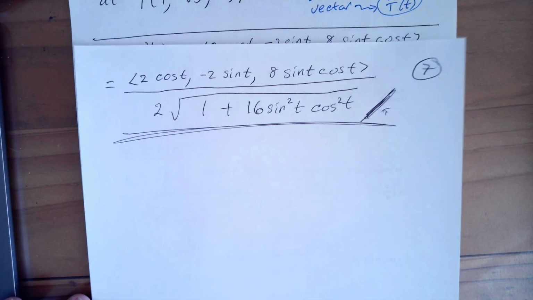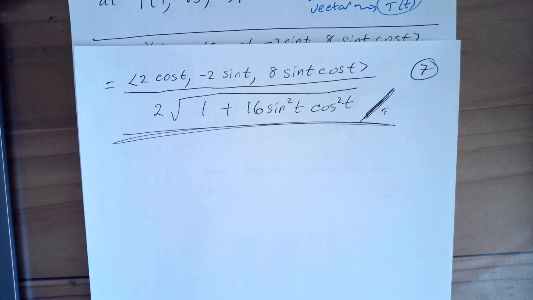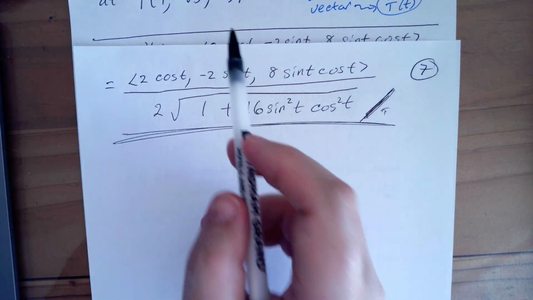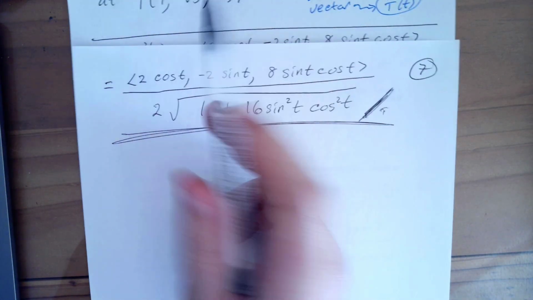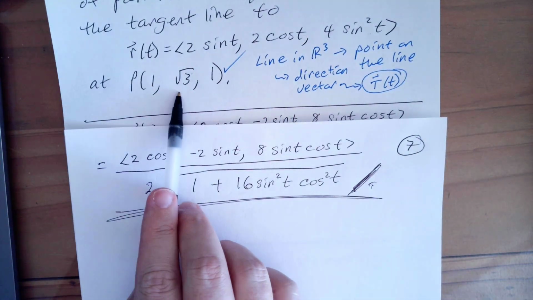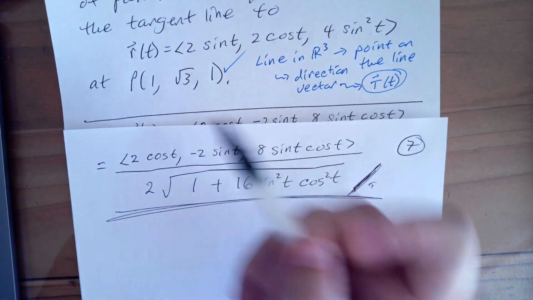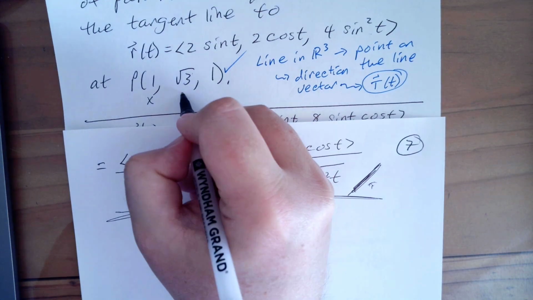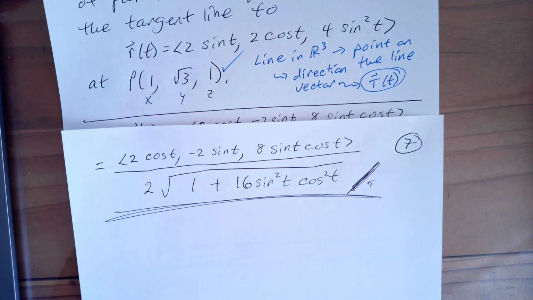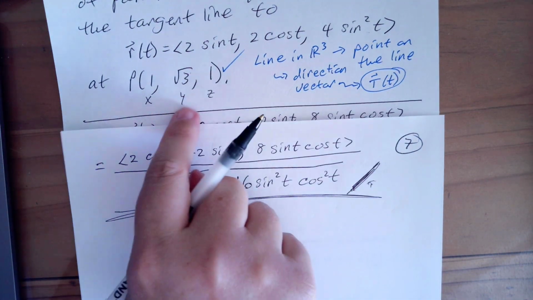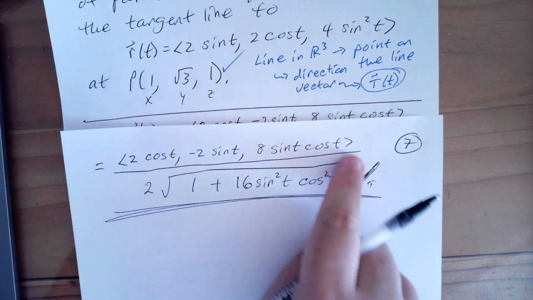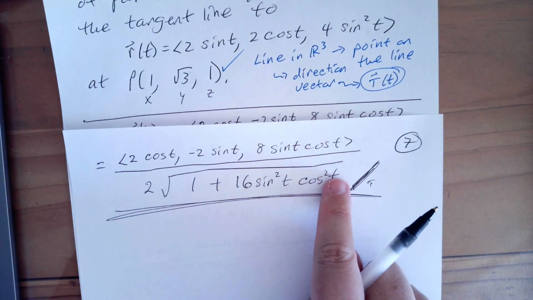Okay, so now that we have our T of t, we need to substitute in the t value that represents this point. Because notice here, this is in terms of x, y, and z. We need the parameter t that represents this, because remember, this is all with respect to t.